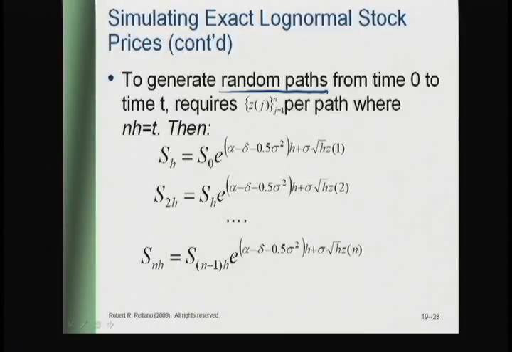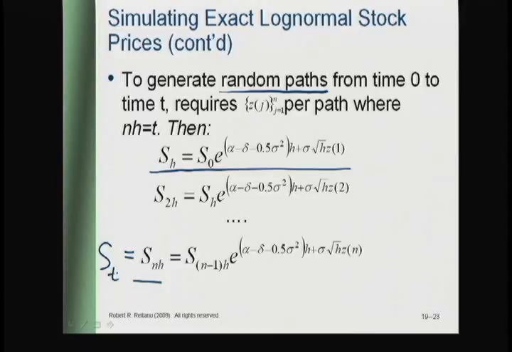So this procedure allows you to perform the calculation in steps. We're using the same formula we had a moment ago, but going from time 0 to time h, that's one step. Going from time h to time 2h, that's the second step. And we do this until we finally get to time nh, which should be the value at time t, because we broke up the interval from 0 to time t into n steps, each of size h.